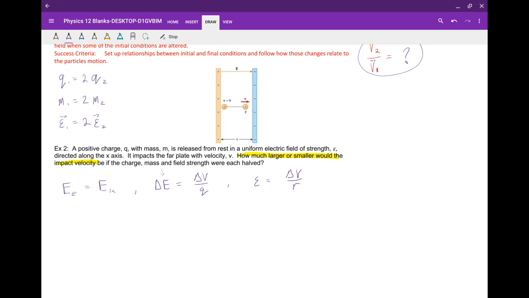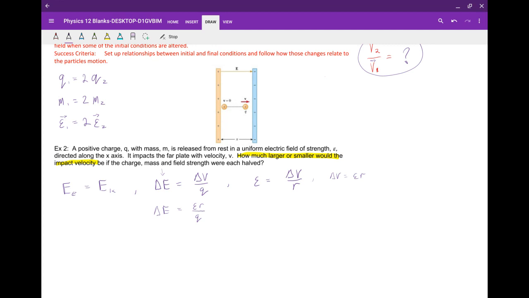Now I'm going to solve for delta V. I get the following formula: delta V is field strength times R. And therefore my change in electrical potential energy is going to be field strength times R times the charge of the particle.